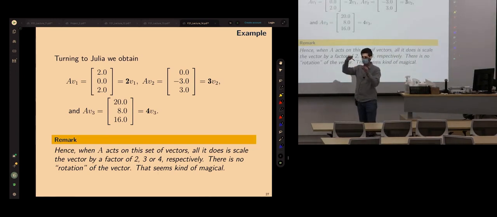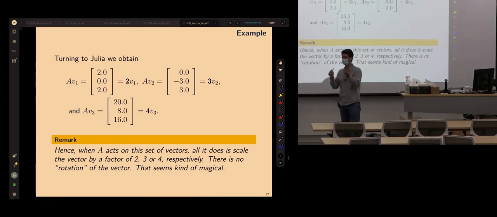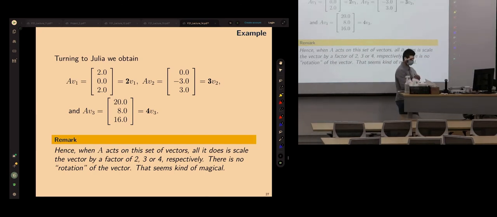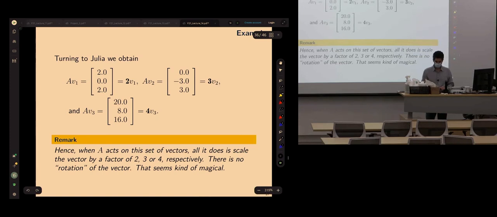If you draw your vectors in, let's say, 2D, you multiply a matrix, you draw the new vector, it's probably somewhere else in general. The direction will change, right? It's not happening here. It is only scaling. It's very, very surprising and special. This is the topic of eigenvalues and eigenvectors.